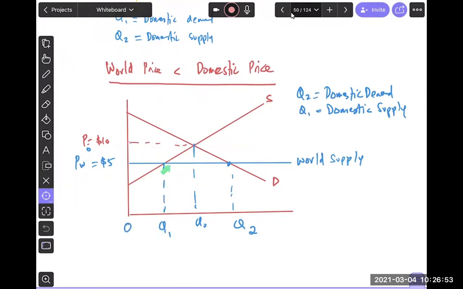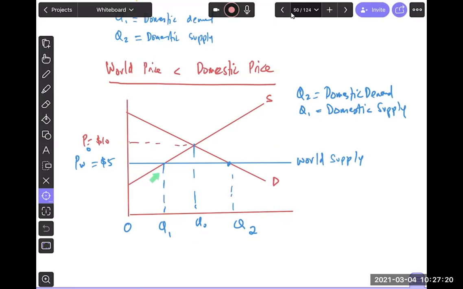Why? Because after $5, you can't match the $5 price. All these guys who were previously selling for $10, these Q0 minus Q1 producers, they can't sell at that price. Why can't they sell at $5? They will sell it at a loss, which means what is high?